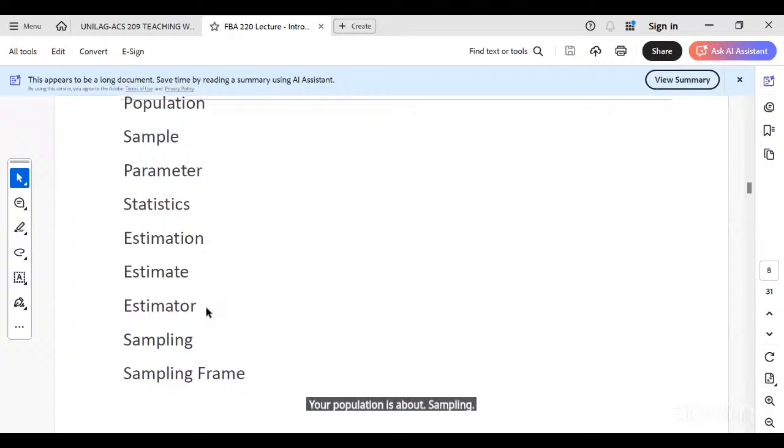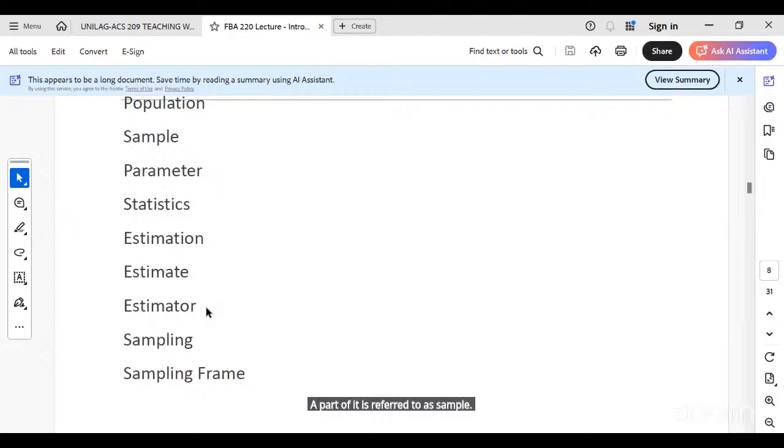I'll take it again. Remember, population is the collection of all units of a specified type in a target universe. It's just collecting well-defined units together. If you are able to collate all of those units, then what you have is the population of that particular type. A part of it is referred to as a sample.